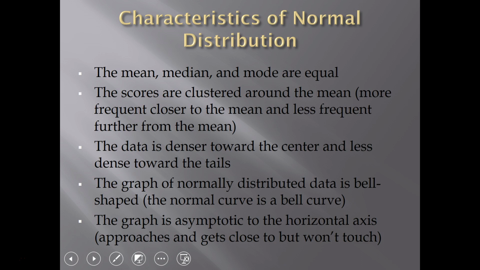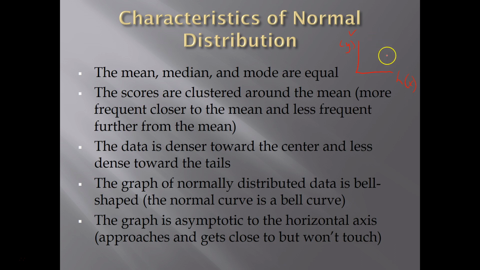All right, and the next one is the graph is asymptotic to the horizontal axis. Think about a graph, right? When things are graphed, you have a vertical axis and a horizontal axis. Here's your vertical axis, here's your horizontal axis. Usually the vertical axis is considered the y-axis, the horizontal axis is considered the x-axis, right?